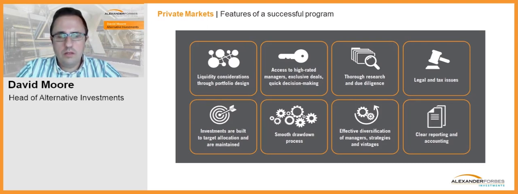So another key feature of a successful program. Diversification by manager, strategy, and vintage. I think I've drummed on about that in terms of the benefits thereof within the asset category and what it does for you as an investor or from an investor return perspective.